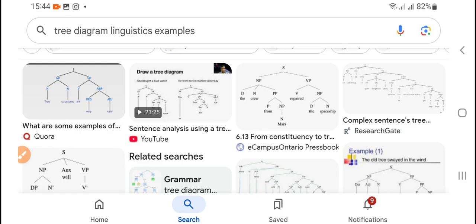Sometimes a noun phrase is made up with a prepositional phrase: the girl in the red dress, the house on the hill, the book on the table. And sometimes a noun phrase is made up with the help of a possessive pronoun: my friend, her car, their house, something like this, right? Now I think the noun phrase is clear to you.